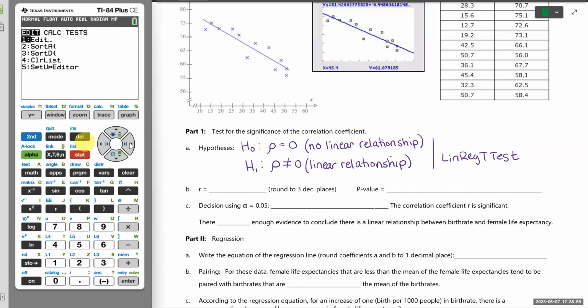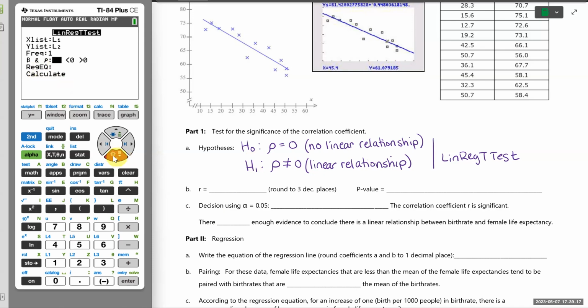All right, so we'll go to stat tests, and instead of scrolling down, I scroll up because it's towards the bottom of the list. Linear regression t-test, my data X is L1, Y is L2, frequency always 1, rho not equal to 0 is always our alternative.